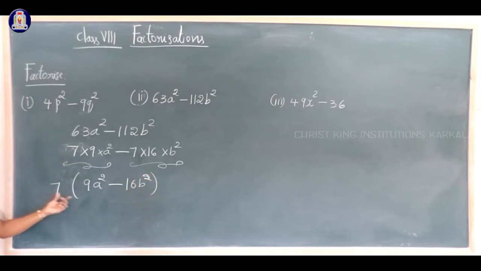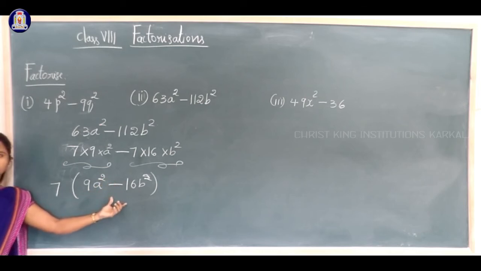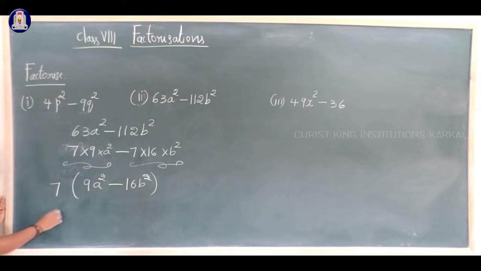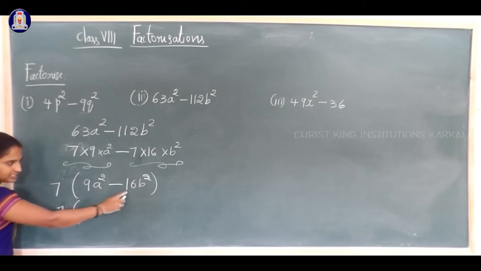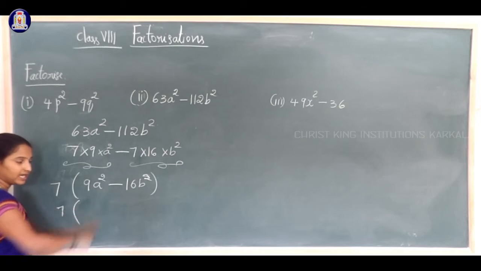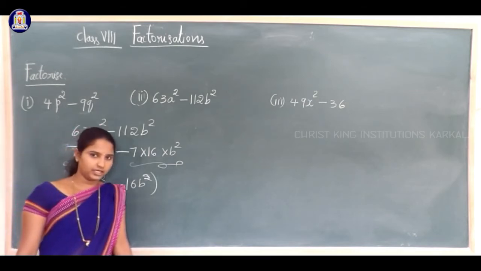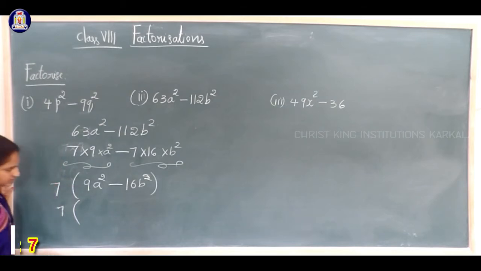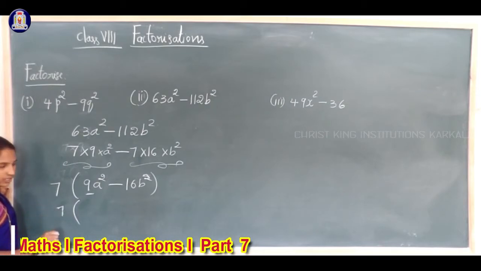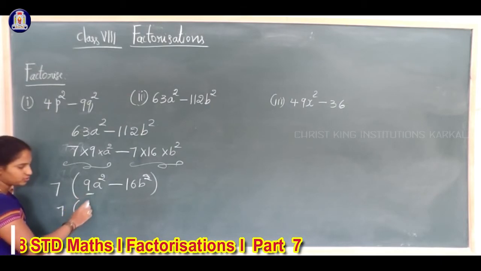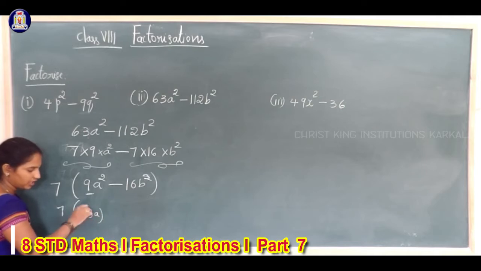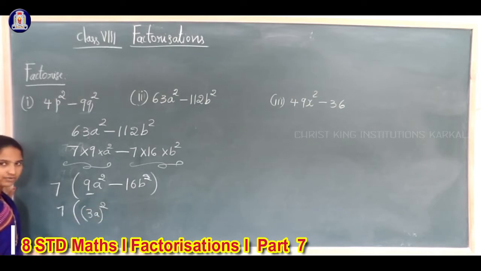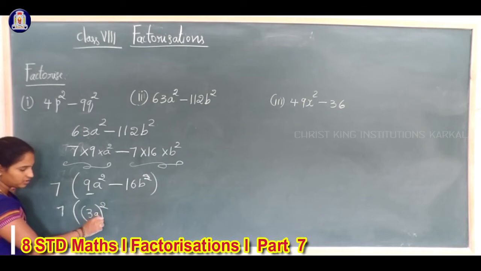Now the term 7 into 9a square minus 16b square. This again you can expand. See the terms 9 and 16. 9 and 16 are perfect squares, isn't it? So this 9 can be written as 3 into 3. So 9a square can be written as 3a the whole square.